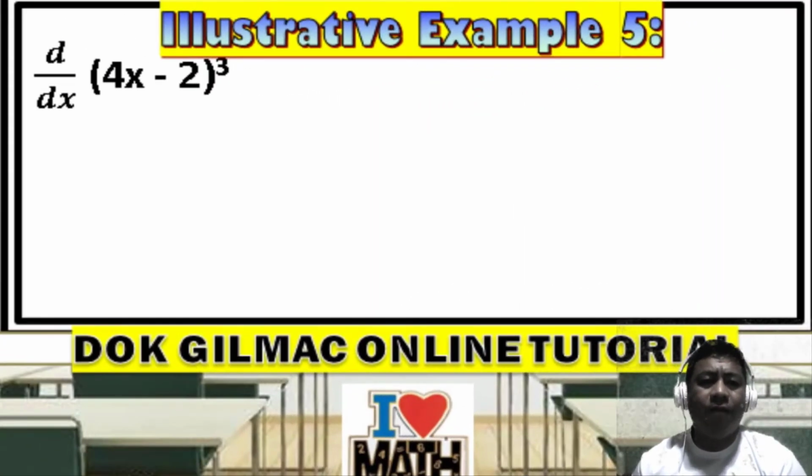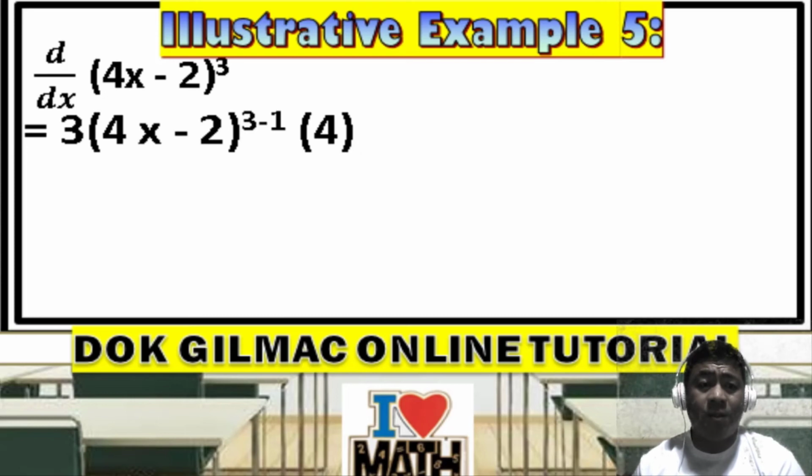Consider illustrative example number 5. d over dx of the quantity 4x minus 2 raised to 3. This is just equal to 3 times 4x minus 2 raised to 3 minus 1 times 4. Applying the power rule differentiation for a function f of x.